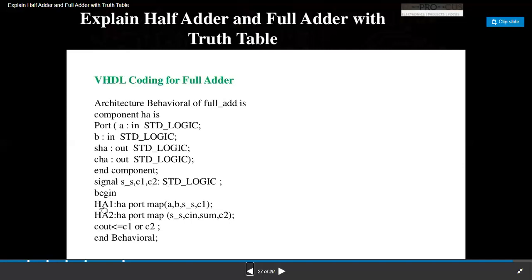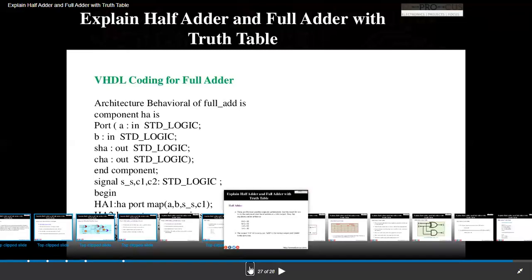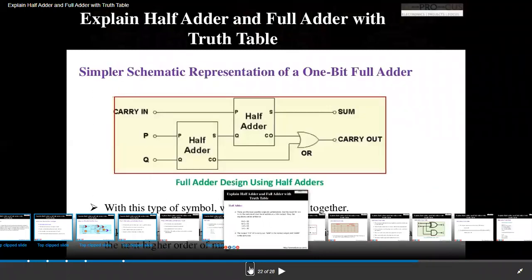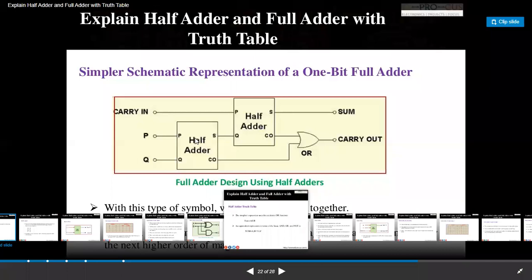Here half adder HA1 is the first half adder, and the second is the second half adder, because we are forming the circuit from these 2 half adders. By combining the 2 half adders with an OR gate, we define the sum and the carry out.